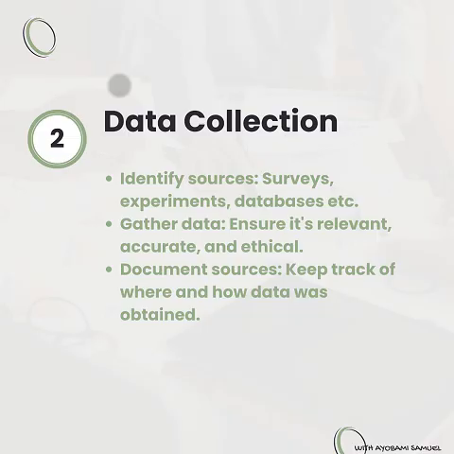So in essence, your data collection process must be properly monitored. You must ensure that it's relevant data, accurate, and ethical. So you must keep track of all these things to ensure that whenever you put in the work to analyze your data, every inference that you come out with is telling you the right things, because your data is quality and relevant, right?